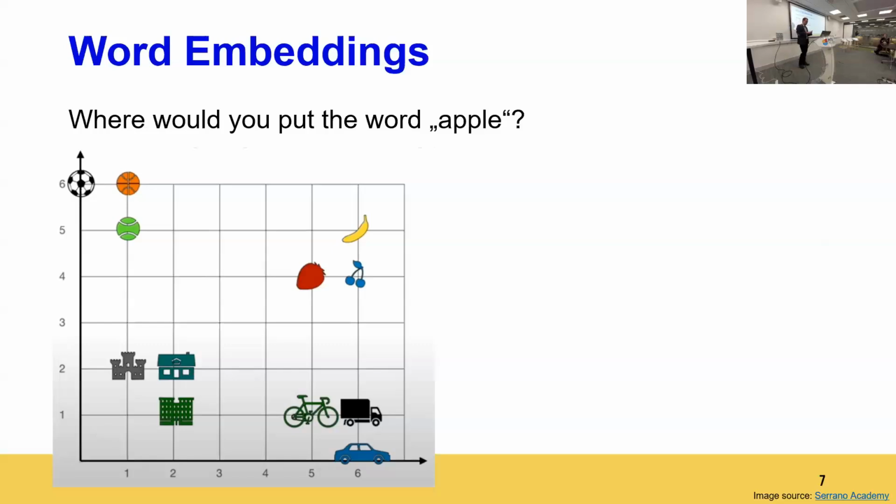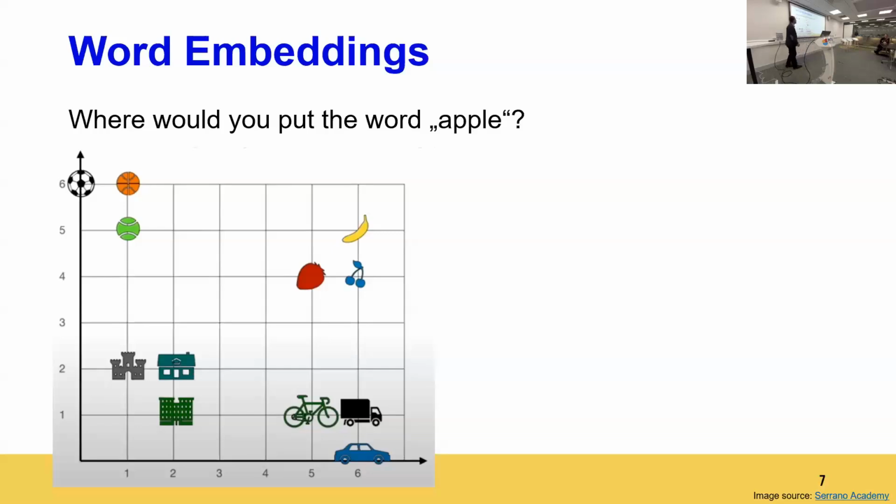So when the word embeddings, when the vector representations of tokens started to be trained, the network had to figure out where to put each word. So let's now try it with this example. We already have some sports here, some buildings here, some means of transport here, then we have some fruits here.